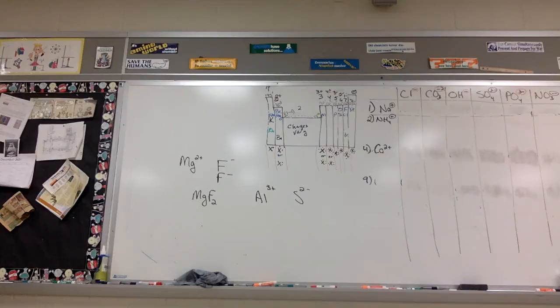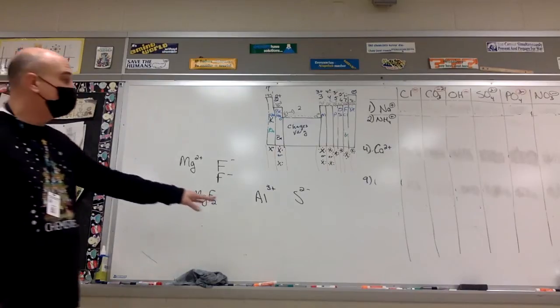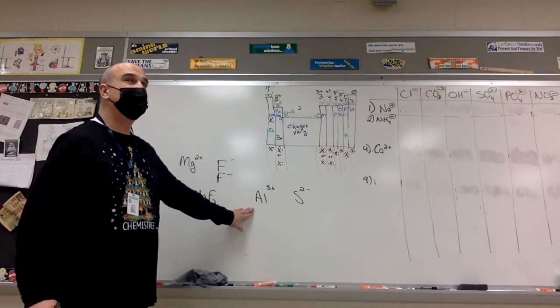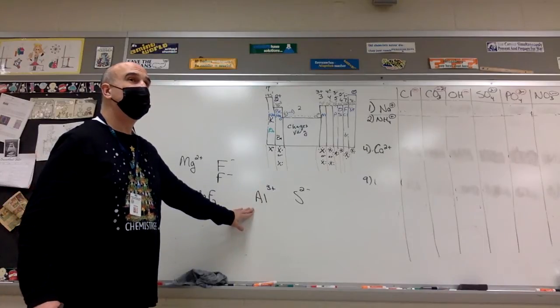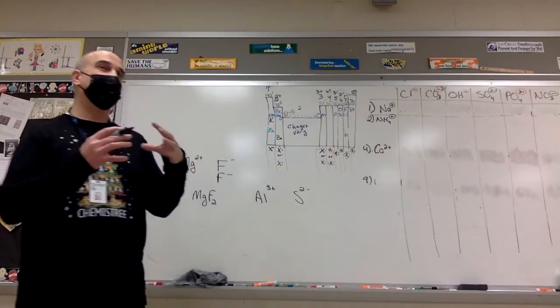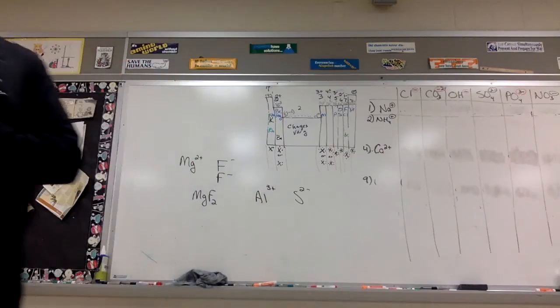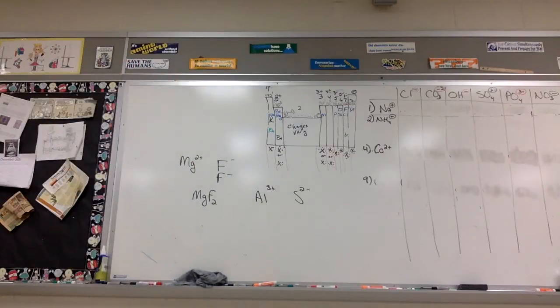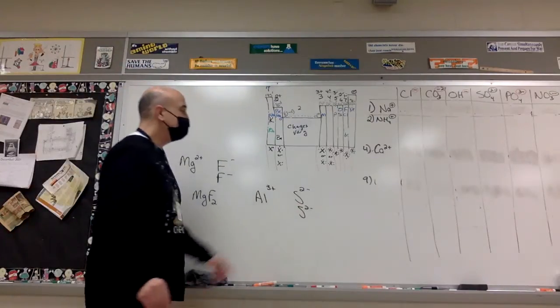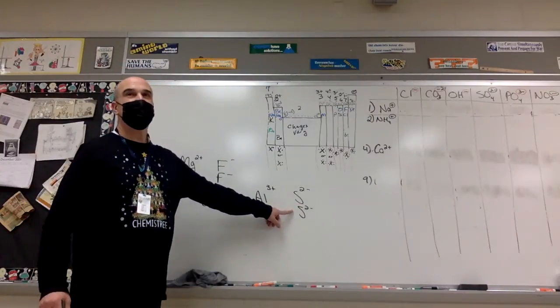2, 3 of which one? Okay. If I have 3 of these, that's going to give me positive 9. What ratio would they come together? What's the simplest ratio they could come together to cancel out? Like if I add another sulfide, now I have -4, right?